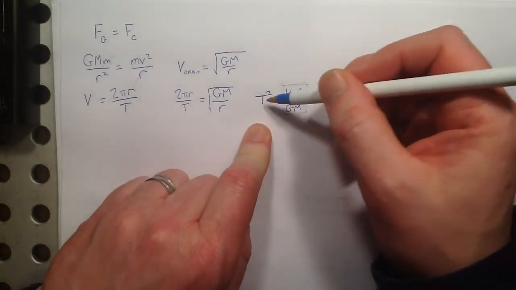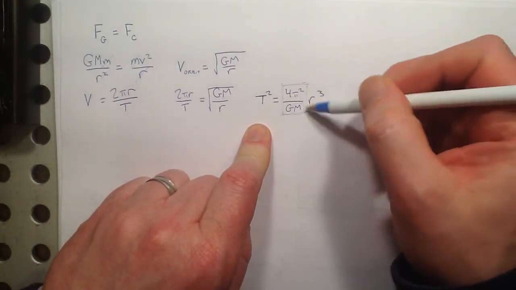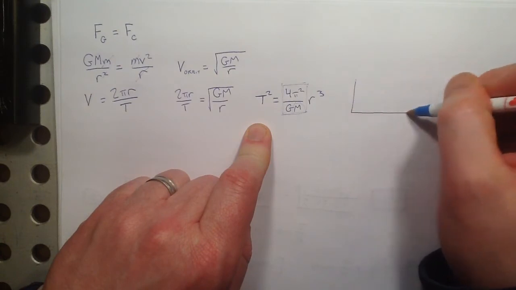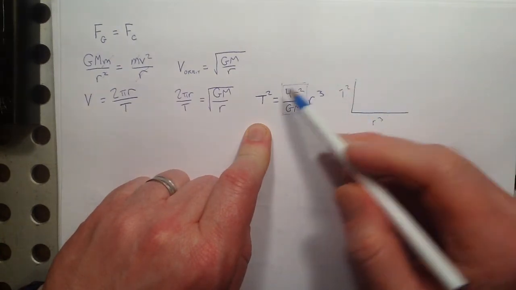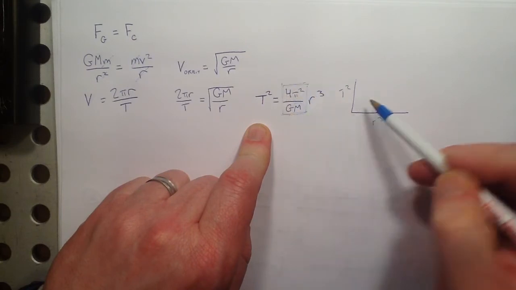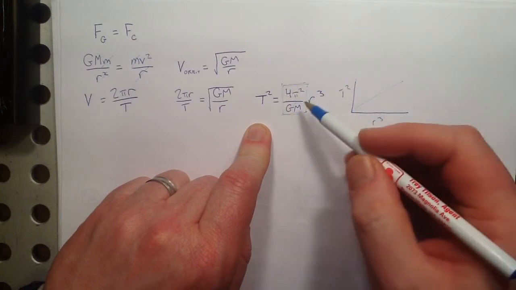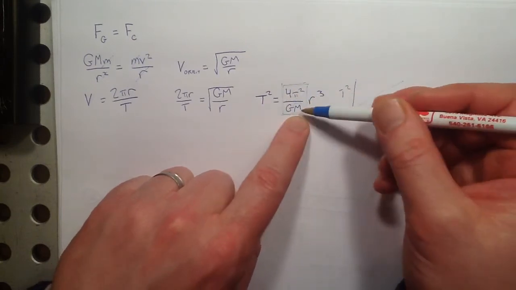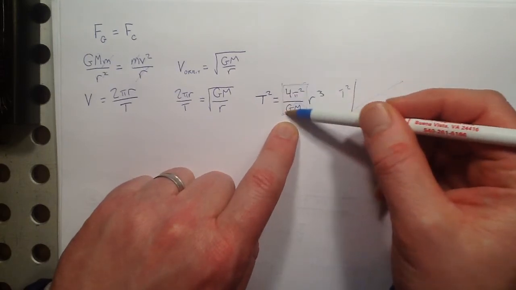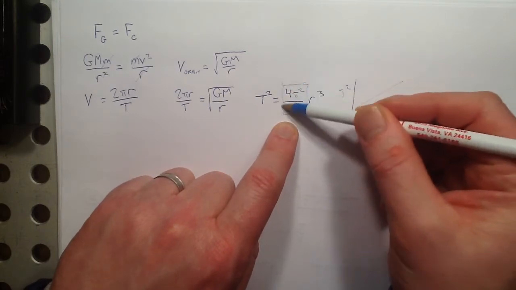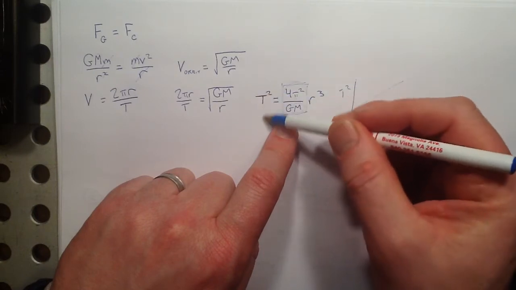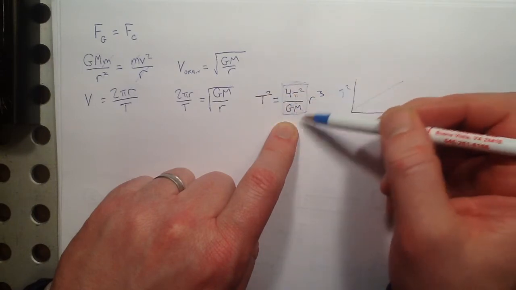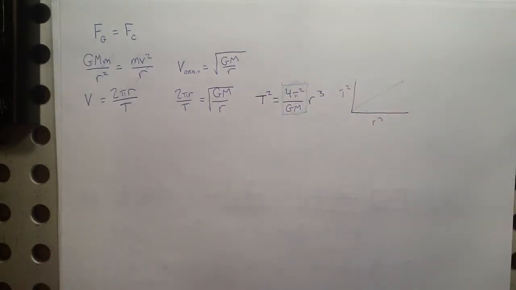So you'd graph T squared versus r cubed, and that should give you a straight line. And the slope of that line would not be equal to mass, it would be equal to this whole thing. This is sitting in the place where the slope is, right? y equals m x. There's your slope.